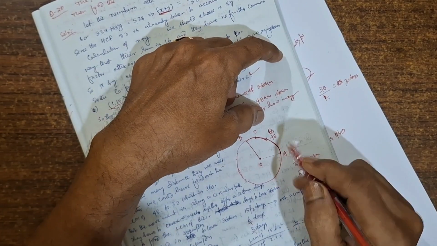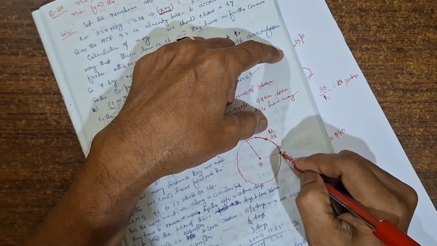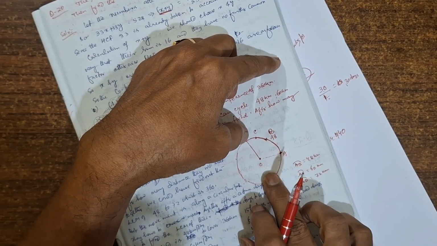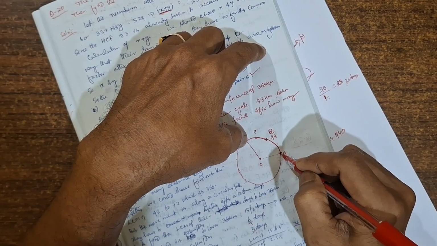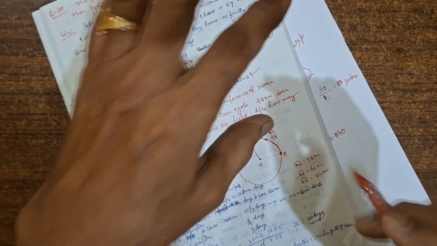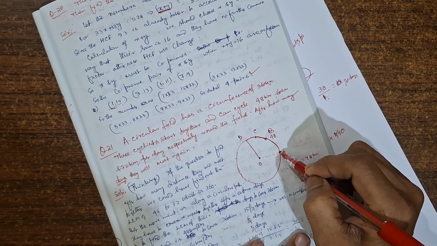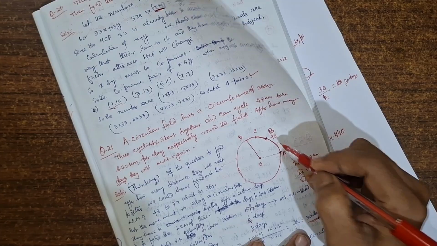Similarly, it will cover 5 rounds and again reach here. It will cover 6 rounds, because its speed is the highest, 72. So all 3 persons will meet again at the starting point after 30 days.